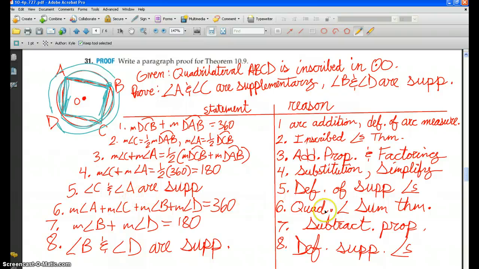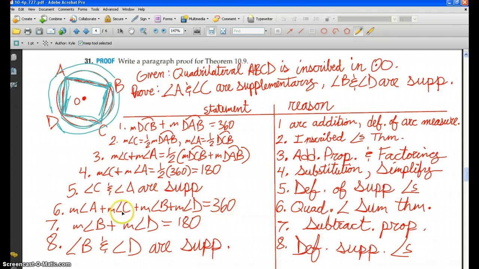From there, the quadrilateral angle sum theorem states that all four angles, A, C, B, and D, of any quadrilateral must add up to 360. From there, I can subtract the same thing or equal things from both sides. So if I subtract A and C from the left of this equation, I'm left with B and D. From the right, I want to subtract something that's equal to it.